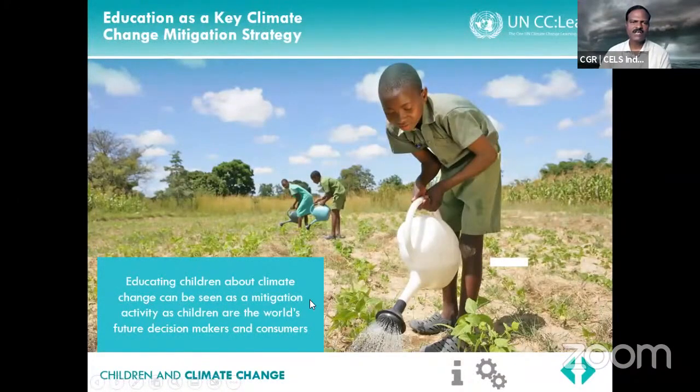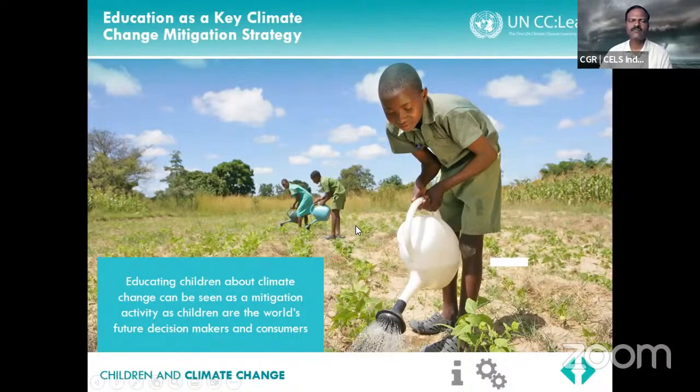Educating children about climate change can be seen as a mitigation activity, as children are the world's future decision makers and consumers.